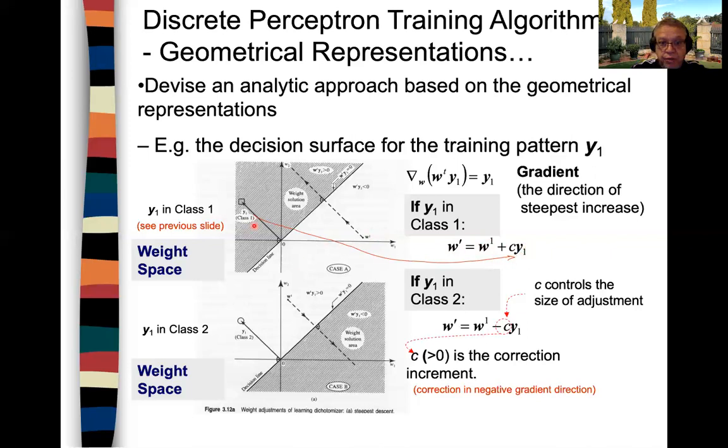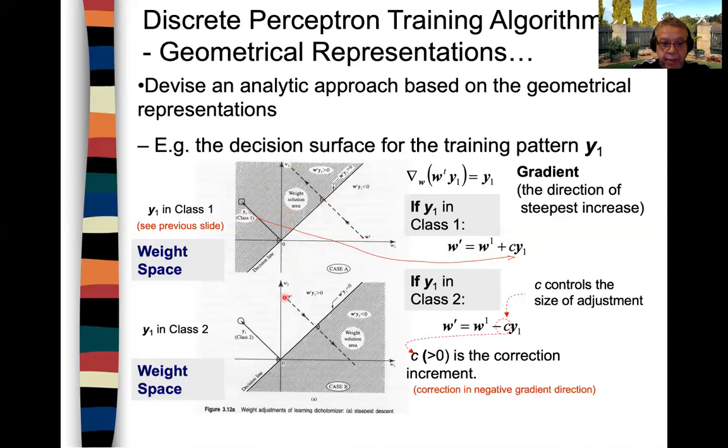So this is my Y1, this is the vector here. If I choose C equal to 2, so it'll be 1 Y1, 2 Y1, and I will fall in this weight solution area. So I would add a plus here in this case.